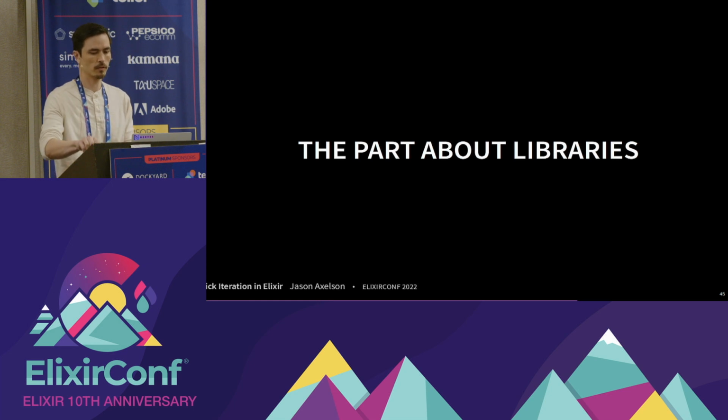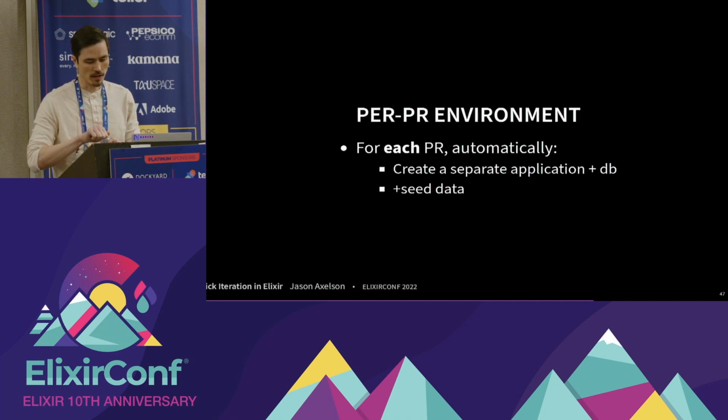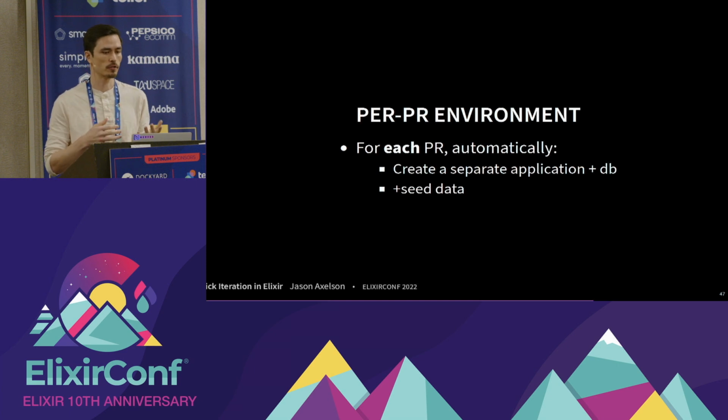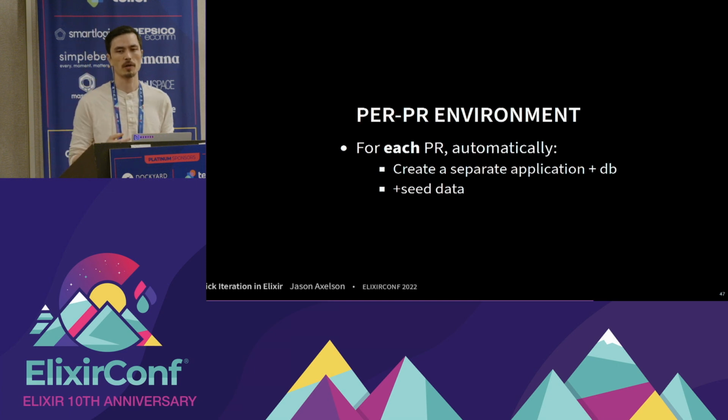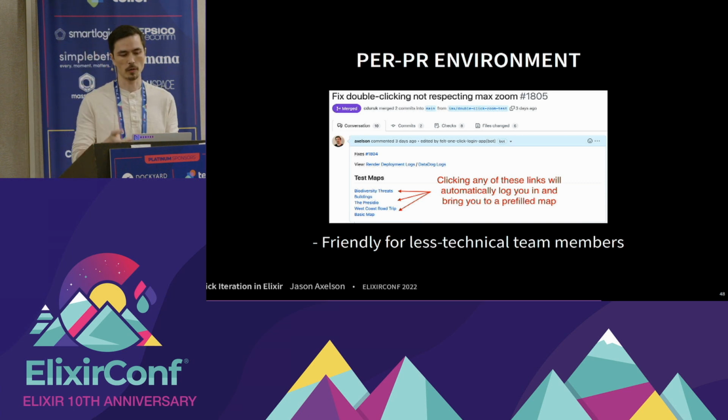Now let's talk about libraries, starting with Phoenix. One thing that's been very helpful for us at Felt is that for every PR that is created, we automatically create a separate application and database, and we pre-fill that with a bunch of seed data. This is really helpful for any reviewers, because if they want to look at the result of a PR, all they have to do is click one of the links on the pull request.